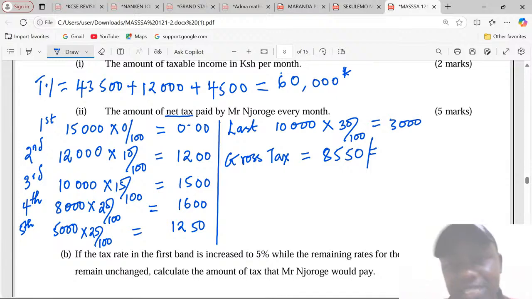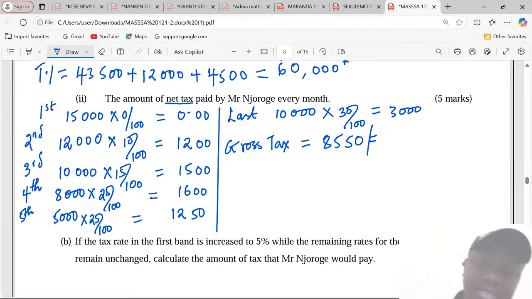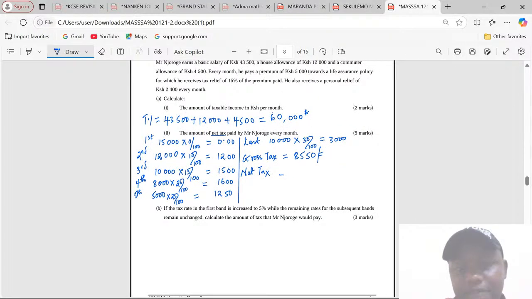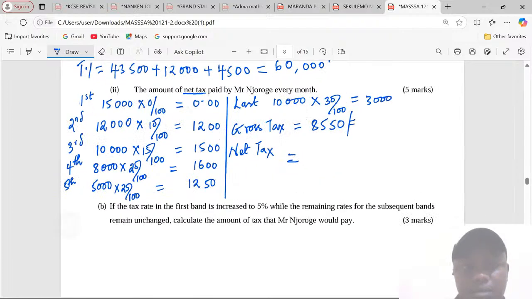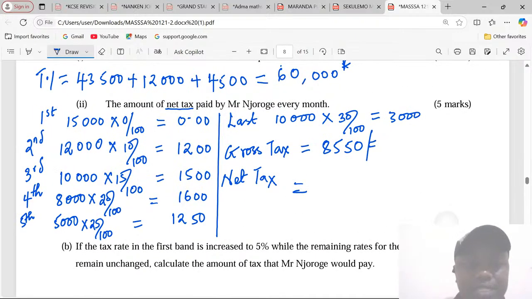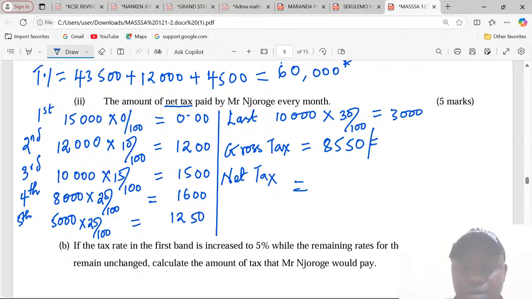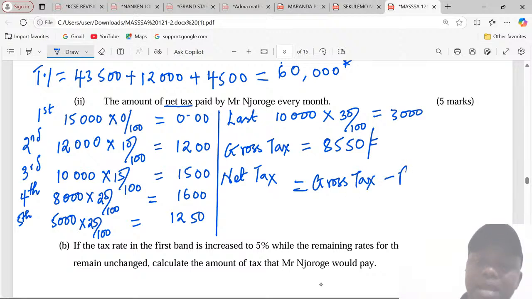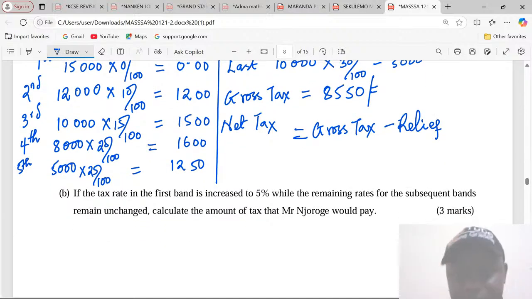But now we need the net tax. For us to get the net tax, what we need is gross tax minus relief. Now, this person enjoys relief twice.